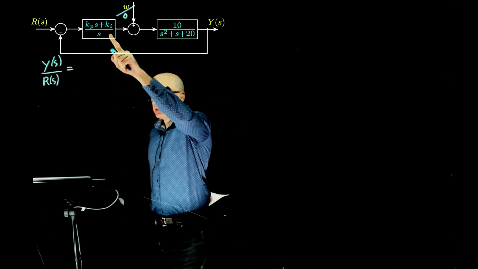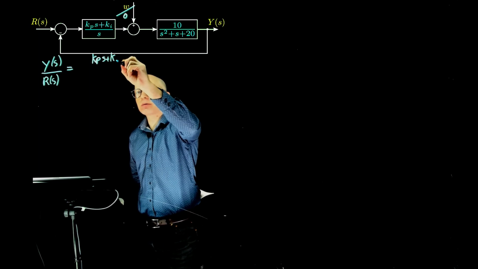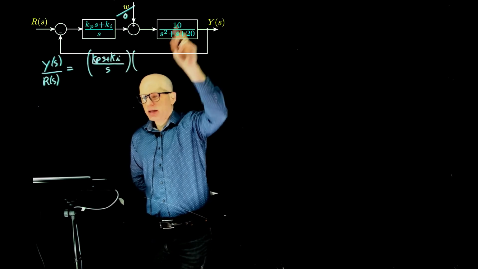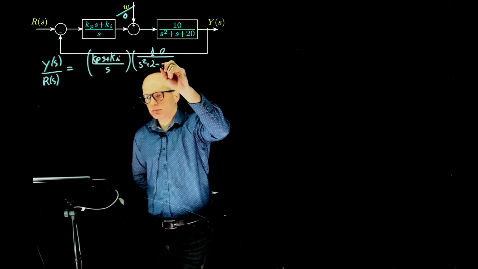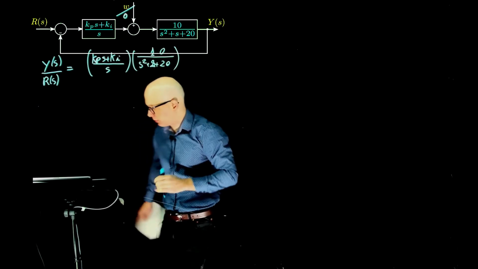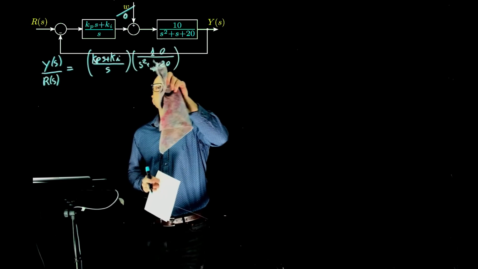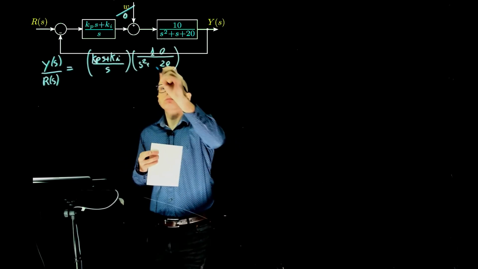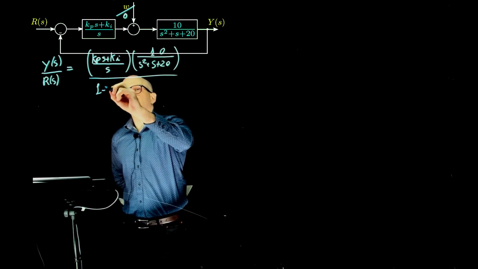The transfer function is this times that, Kp s plus Ki all over s, multiplied by that, plus s plus 20, divided by 1 plus the same thing.